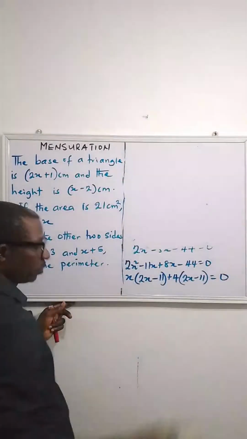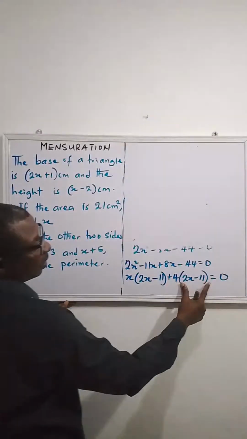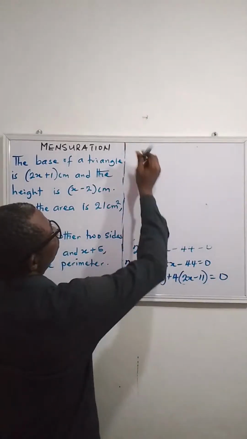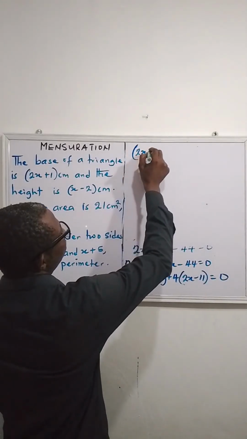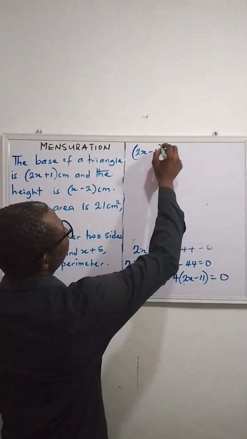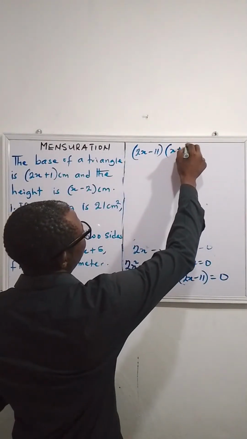If you continue, you factor out 2x minus 11. You are left with x plus 4.